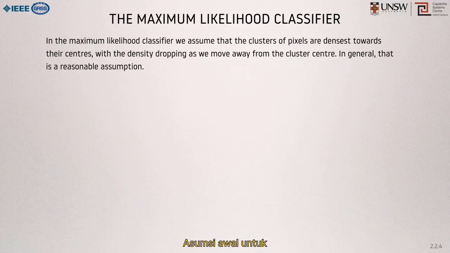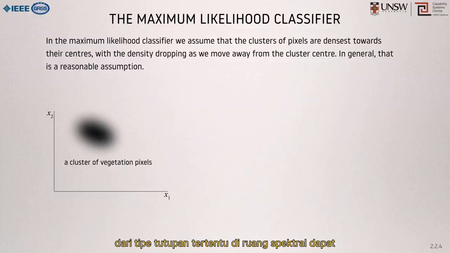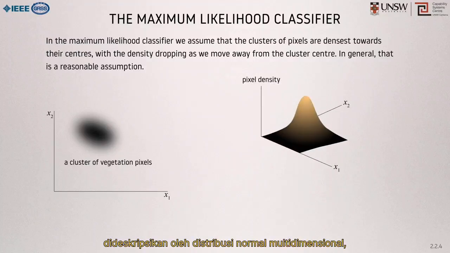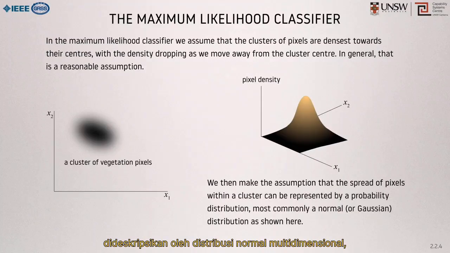The starting assumption for the maximum likelihood classifier is that the density of the cluster of the pixels of a given cover type in the spectral space can be described by a multidimensional normal distribution, sometimes called a Gaussian distribution.